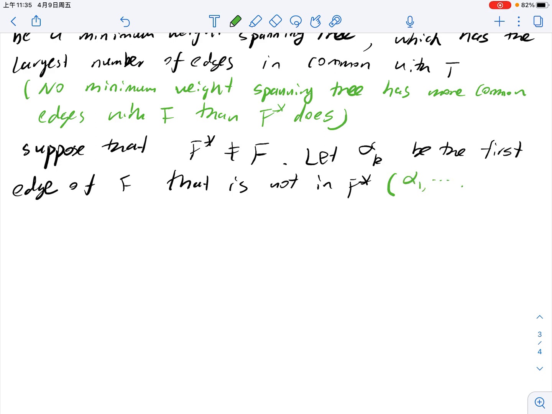In other words, alpha 1 to alpha k minus 1 are contained in F star.